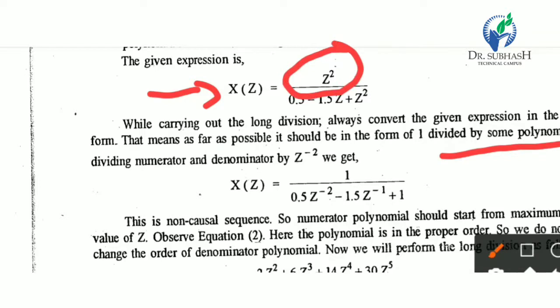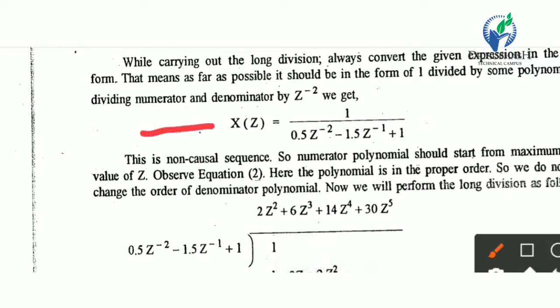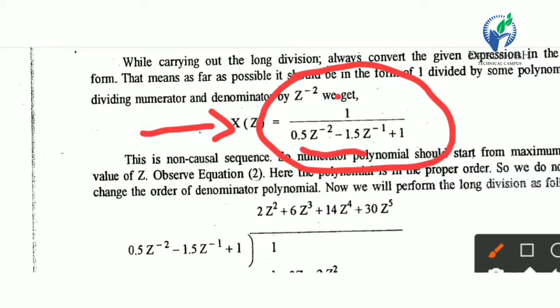So the equation will be divided by z^2, or multiply numerator and denominator by z^-2. So we get X(z) = 1 / (0.5 z^-2 - 1.5 z^-1 + 1). So the numerator must be 1.